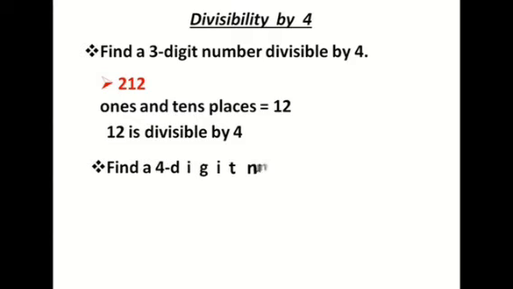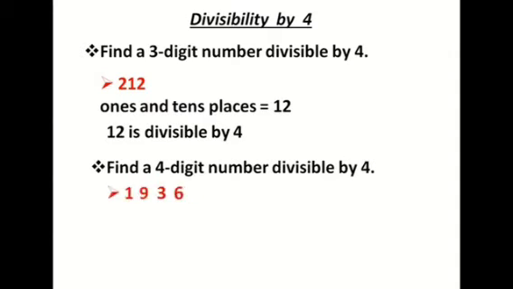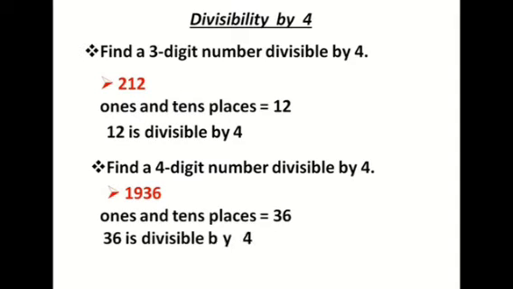Now tell me a 4-digit number divisible by 4. I have chosen one number as 1936. Look at the ones and the tens place. It is 36. Is it divisible by 4? Yes. 4 nines are 36. So 36 is also divisible by 4.